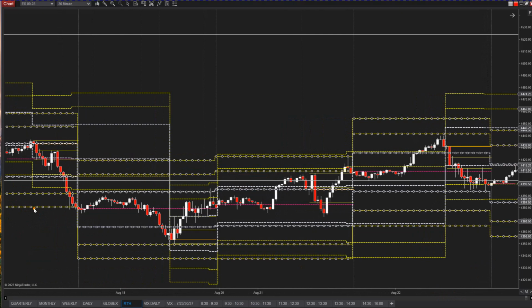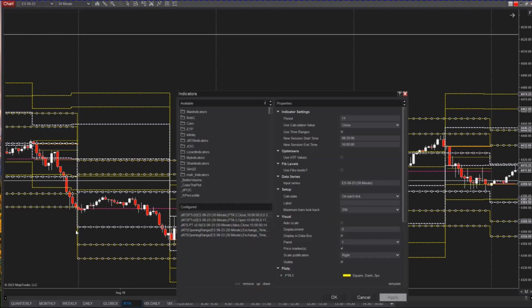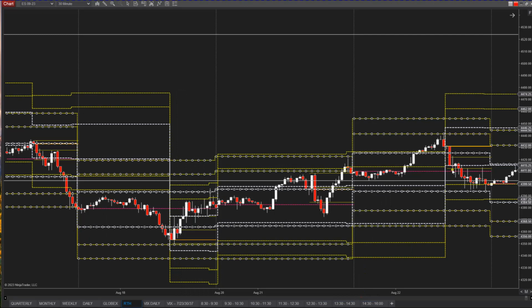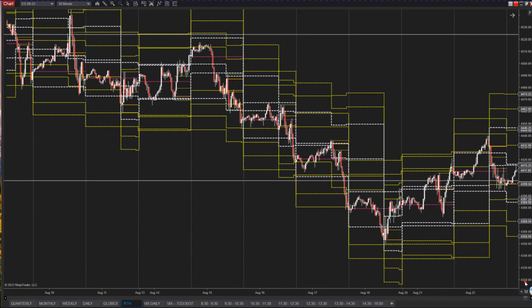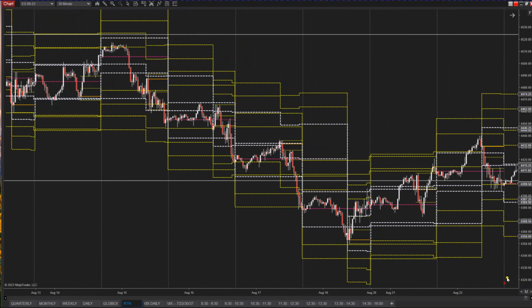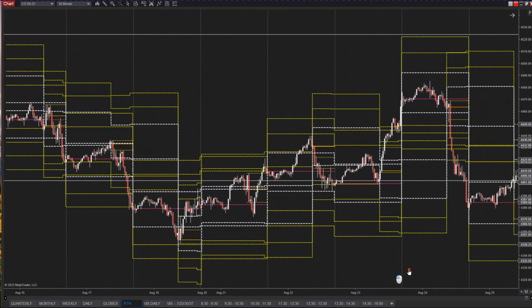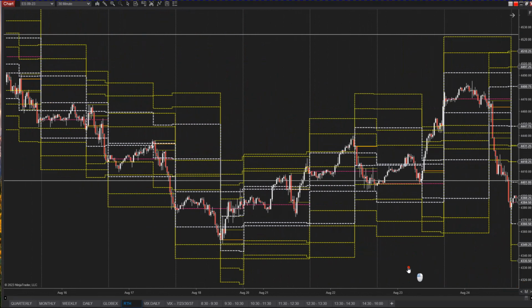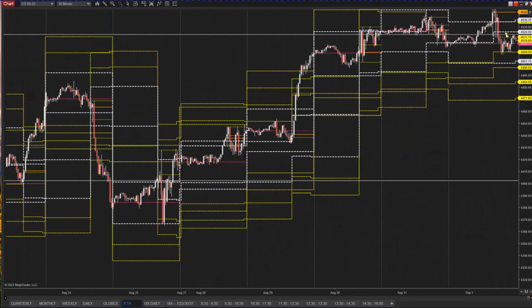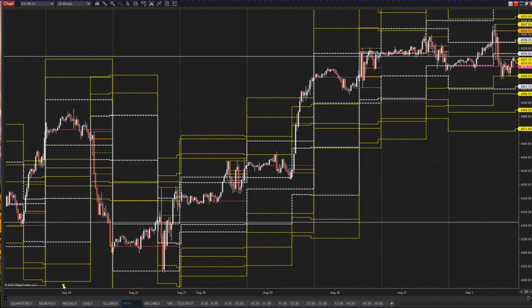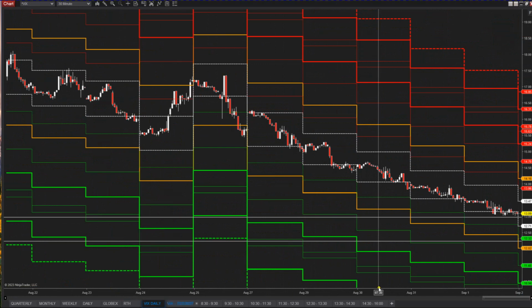But let's see what I coded this to, because there it went right to the end. 1600. Okay, yeah, I guess the market now is going to 1600. Okay, but you get the point. The algos trade ranges, and that makes the best support resistance that you can get.